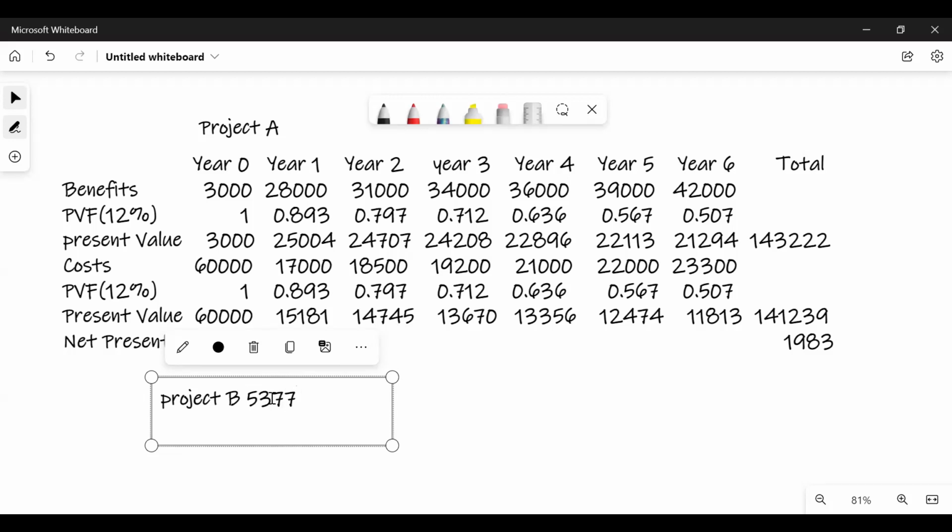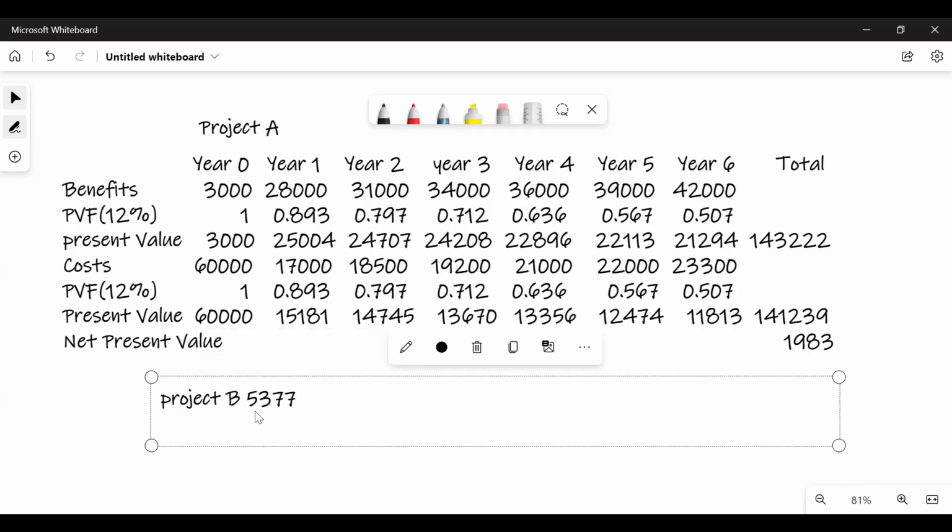Just check for project B. Yeah, make a note of this and try this at home.